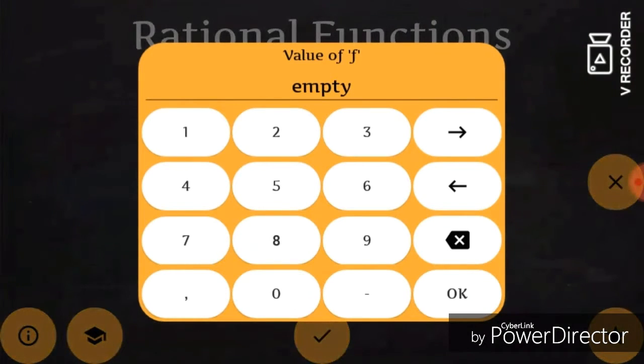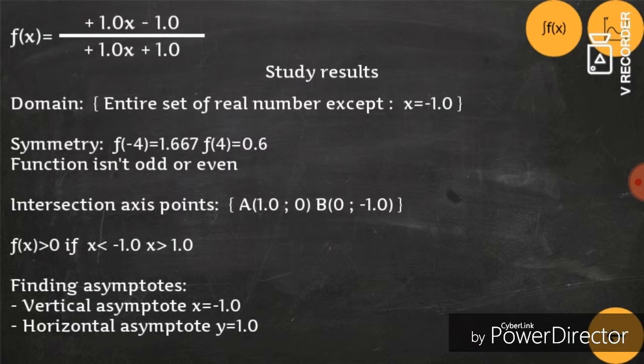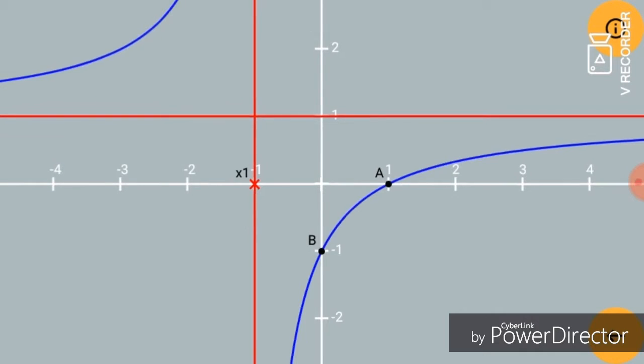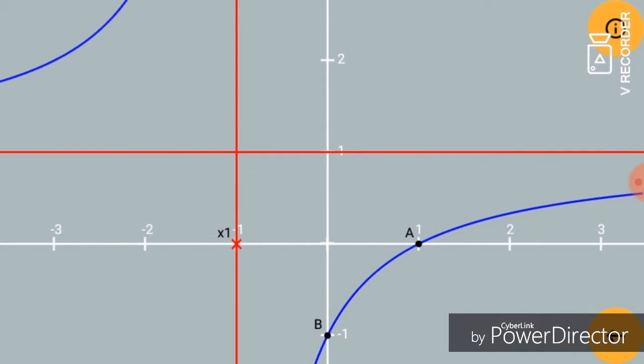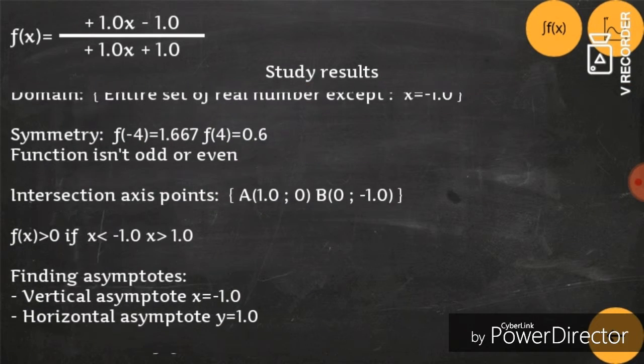So now let's study this result. The domain of this result is the set of all real numbers except negative 1, because in the Cartesian plane, x equals negative 1 never touches the graph. Next will be the symmetry.